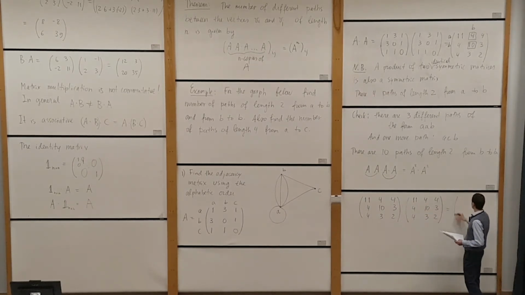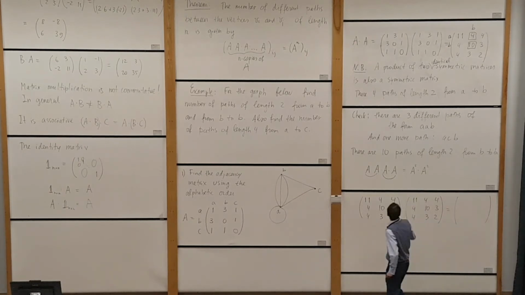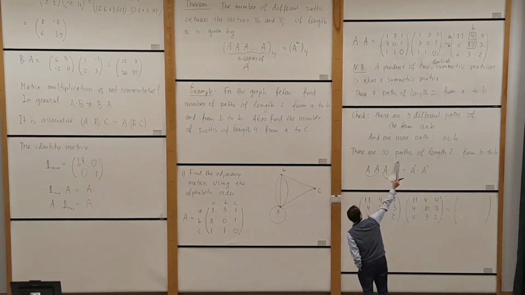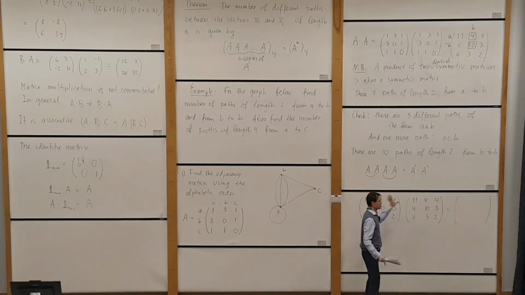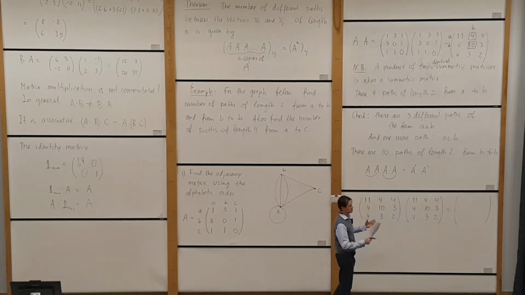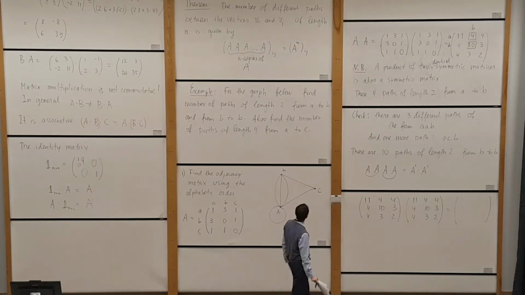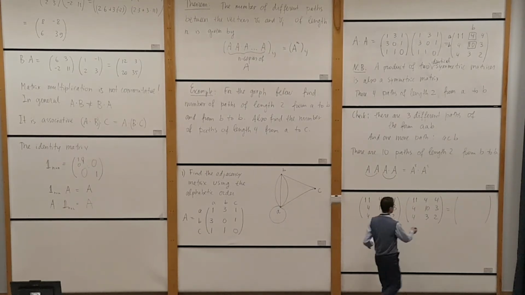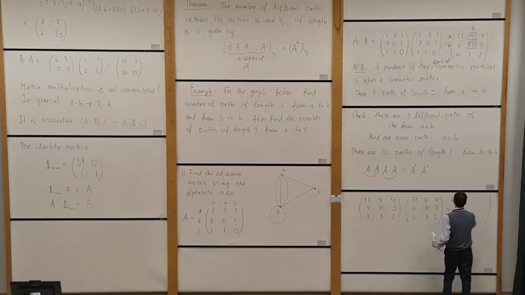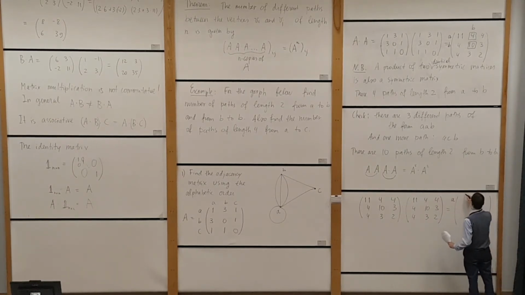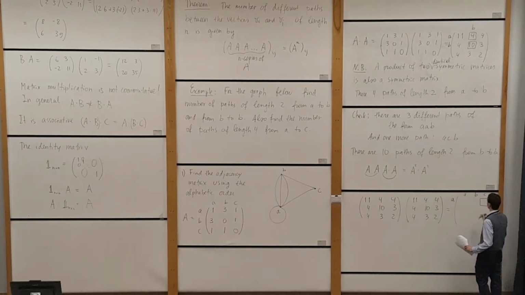And here, well, it's not worth calculating the whole matrix because we only asked about one specific entry. It did make sense to calculate the whole matrix before that for the square because now I'm using it, right? But there are no further questions in this problem, so I'm going to calculate only one entry in the 4th power. So it's from A to C. It will be sitting in the 1st row and the 3rd column. Right, so I'm after this entry.